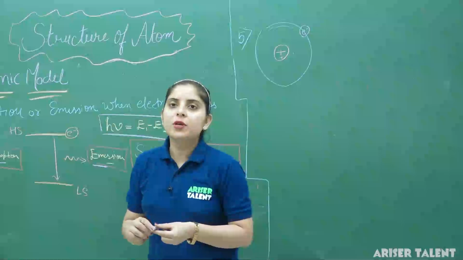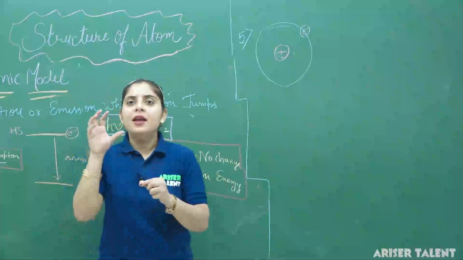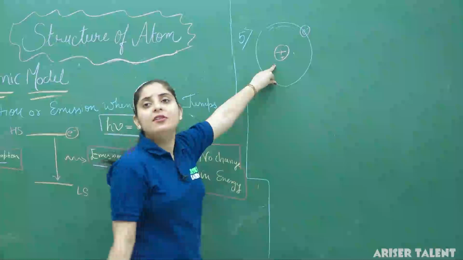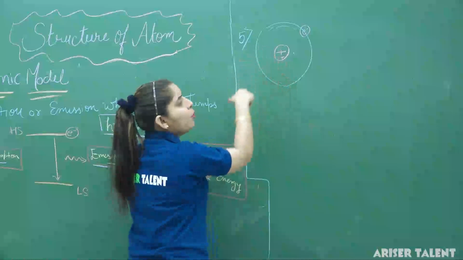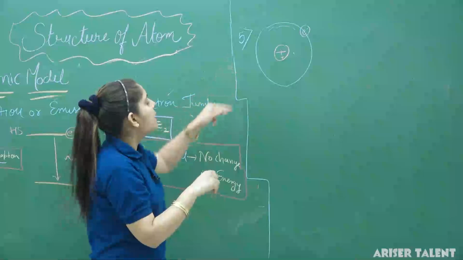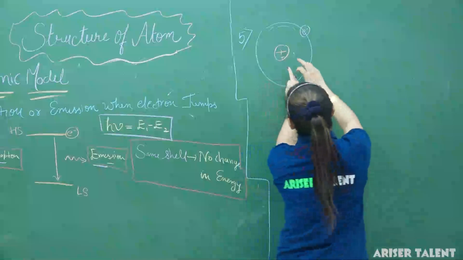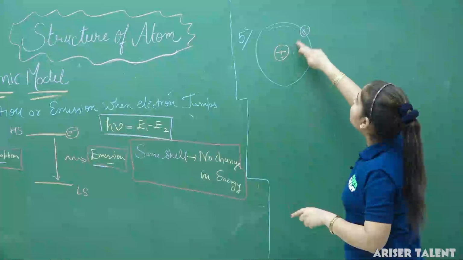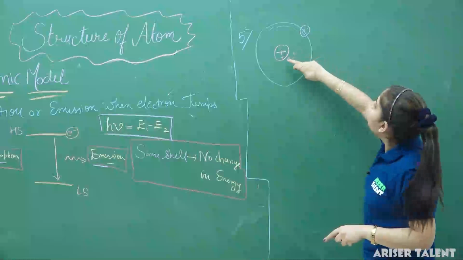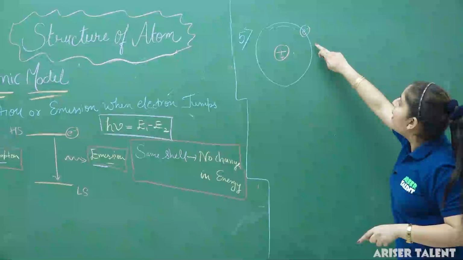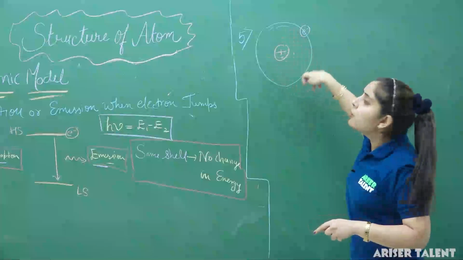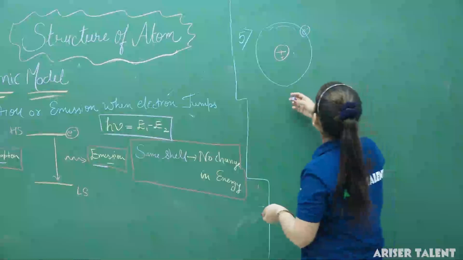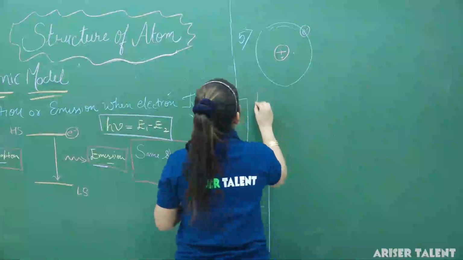The next postulate is that the entire positive charge is centralized at the center of the atom and the electron keeps on revolving in the negative part, so there must be a force of attraction between these two particles. This force is balanced by the centrifugal force of the electron.